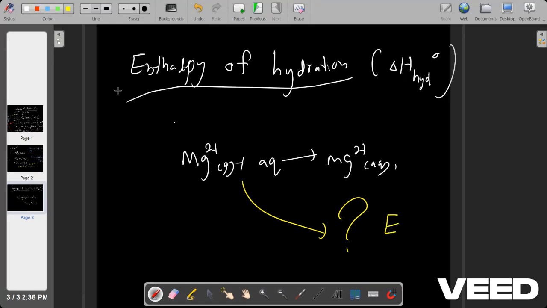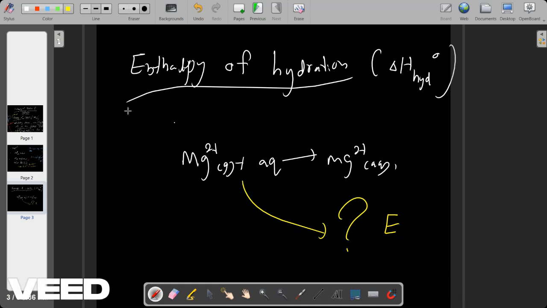I told you, it could be endothermic or exothermic. It depends on the compound, right? Sometimes for some compounds it is endothermic, for some compounds it is exothermic. You can't know it. You have to do the experiment and then only you can tell whether it is endothermic or exothermic.